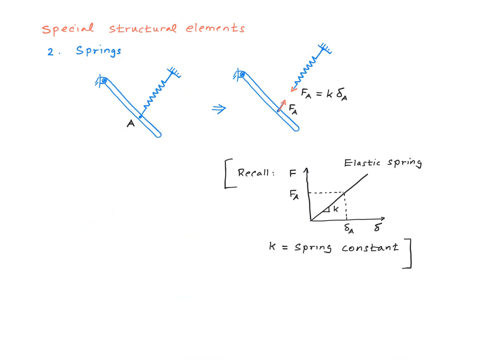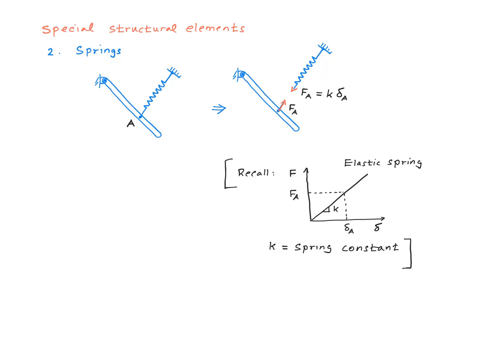The second special element that I want to talk about is a spring, specifically an elastic spring like shown over here. So here we have a structural element that is supported by a spring. The spring connects to the structural element at point A. So when I want to develop a free body diagram for the beam, I would take the spring off the beam, the structural element, and represent the internal force by something like this.